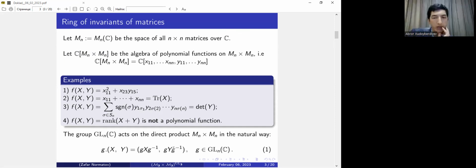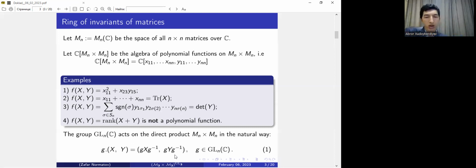So xy from the direct product, X and y, and we can form the action of matrix G by this conjugation. G, yes. That's sending it to its conjugation. So the group GLNC acts on the direct product Mn times Mn.